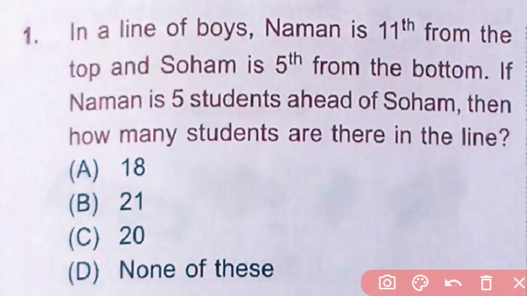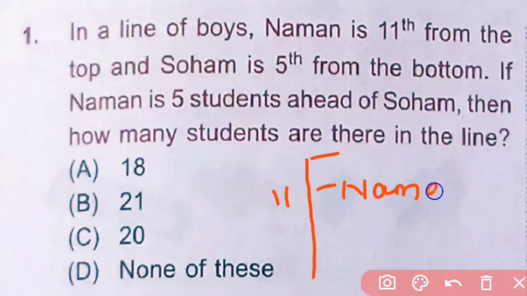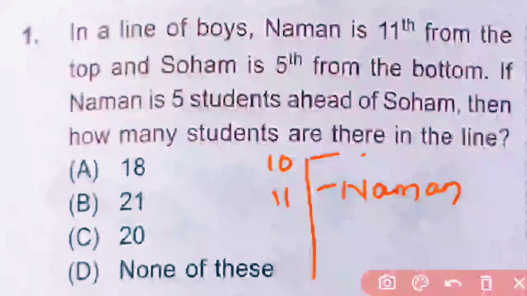In a line of boys, Naman is 11th from the top and Soham is 5th from the bottom. If Naman is 5 students ahead of Soham, then how many students are there in the line? According to the question, Naman is 11th from the top, means there are 10 students at the top.